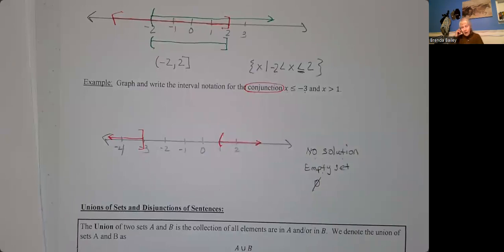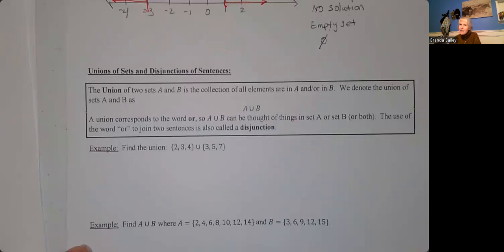All right, so that kind of deals with conjunctions, and we'll come back to the idea. But we're going to look at our second idea, and then we'll review both of them. The second idea deals with unions, and it has a different symbol.